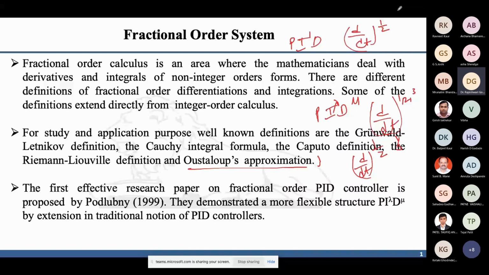However, this technique was not new. Fractional order was talked about at the time of Newton itself, right?